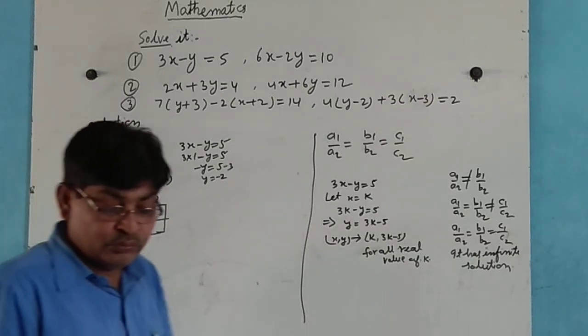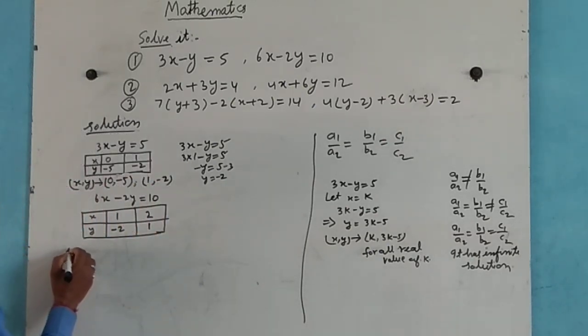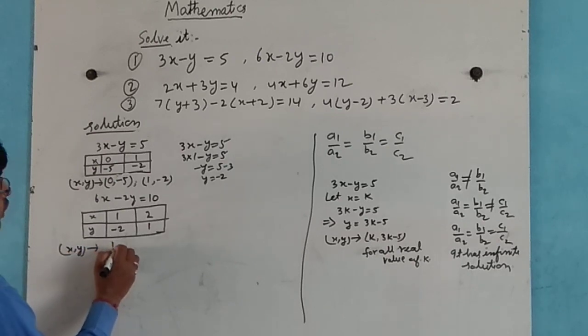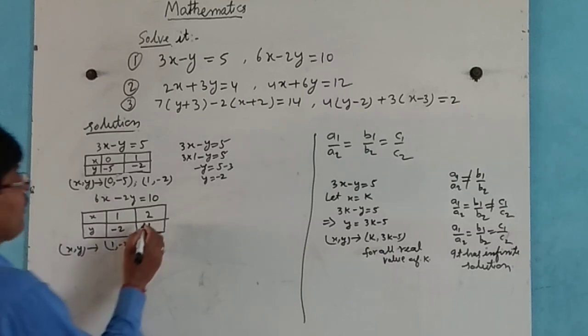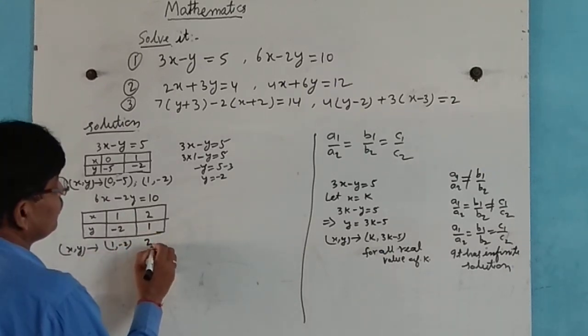Now the coordinates (x, y) are (1, minus 2) and (2, 1).